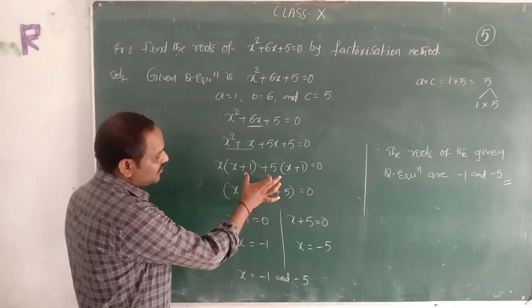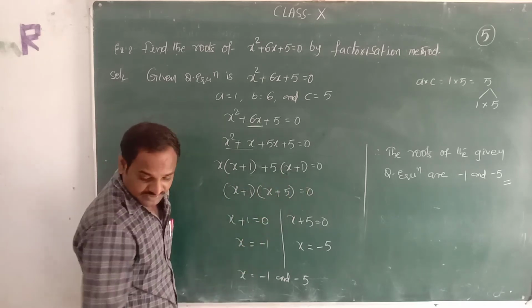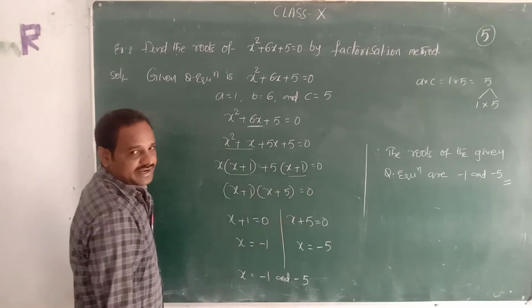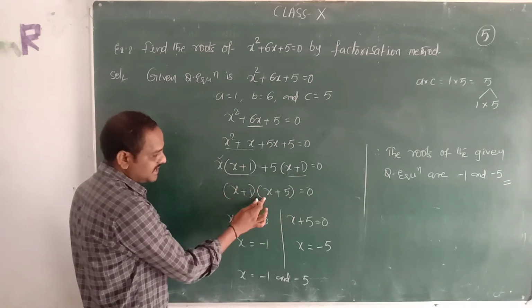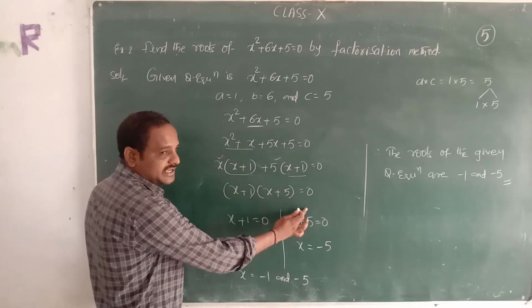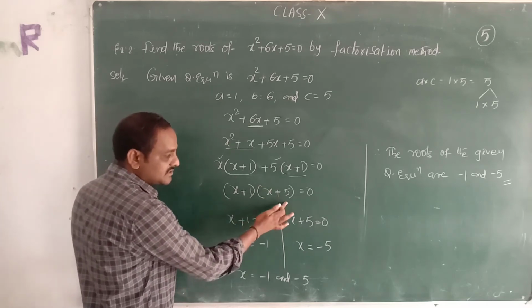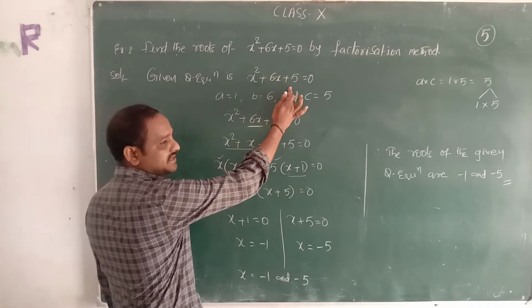So here we got two terms. Now from these two terms, which one is common? X plus 1 is common. So now by taking x plus 1 as common, the remaining terms are x plus 5. So we got x plus 1 into x plus 5 is equal to 0. So x plus 1 and x plus 5 are the factors of x square plus 6x plus 5.